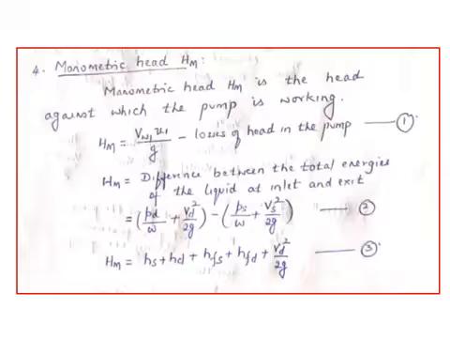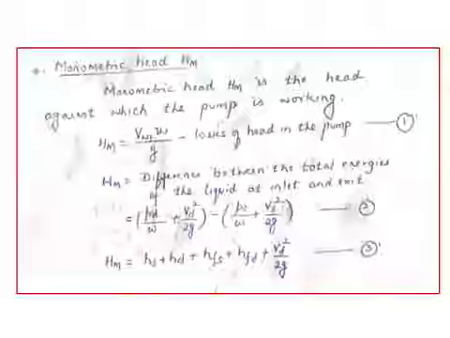But you have to account for all these losses taking place. That's why the manometric head, which includes all these losses, is the head against which the pump is working.